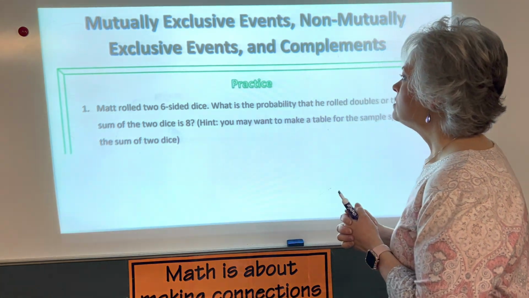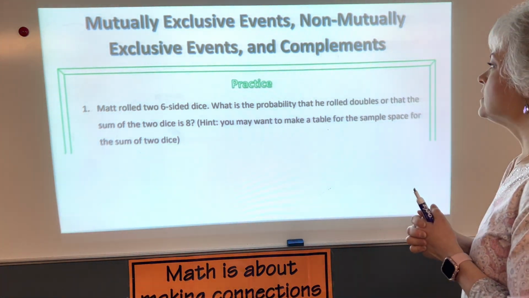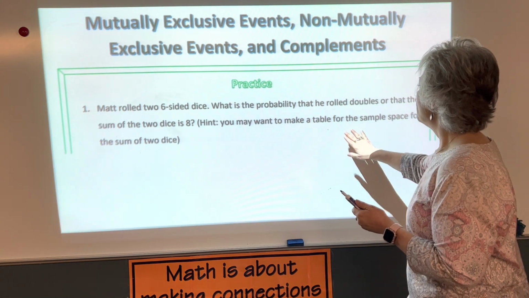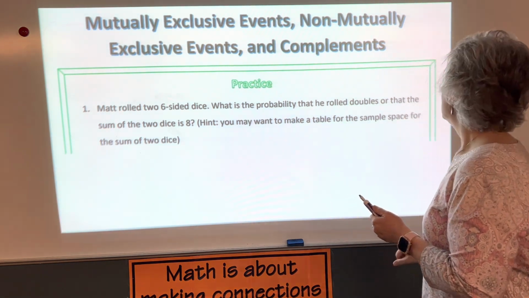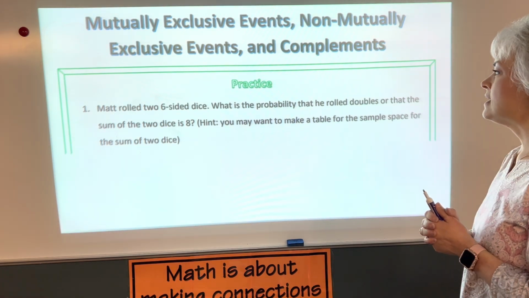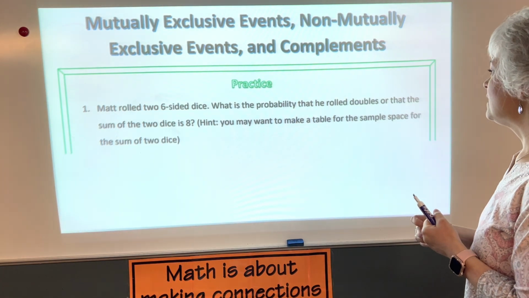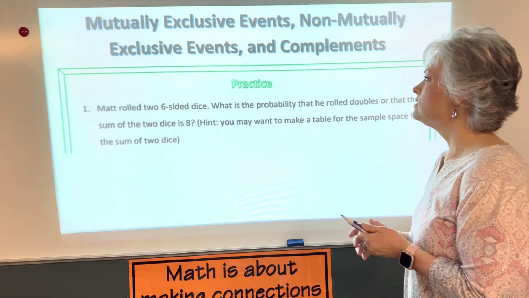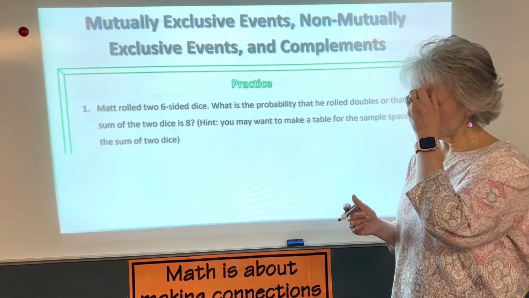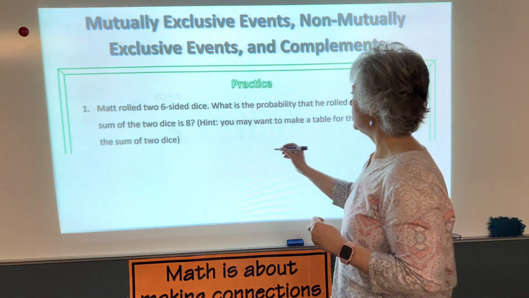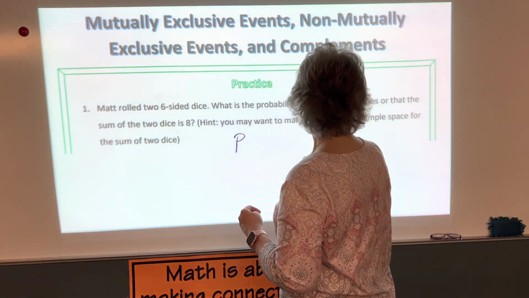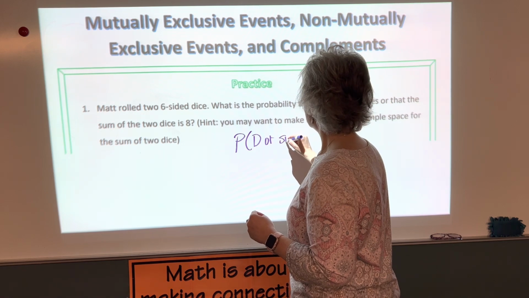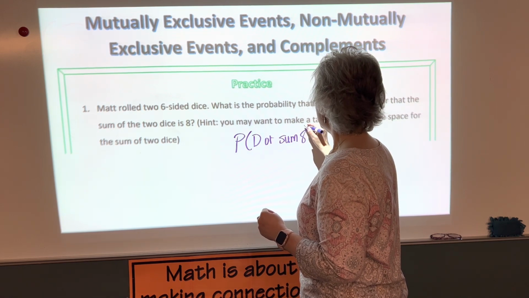All right, so Matt rolled 2 6-sided dice. What is the probability that he rolled doubles, or that the sum of the 2 dice is 8? Hint, you may want to make a table for the sample space for the sum of the 2 dice. All right, so we need the probability of doubles or a sum of 8.